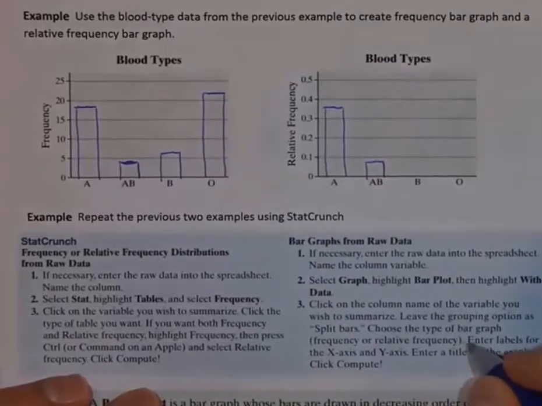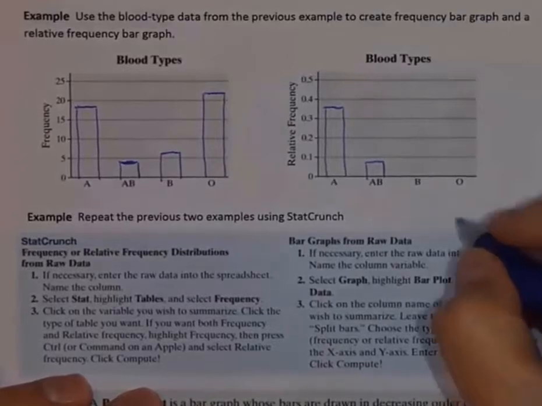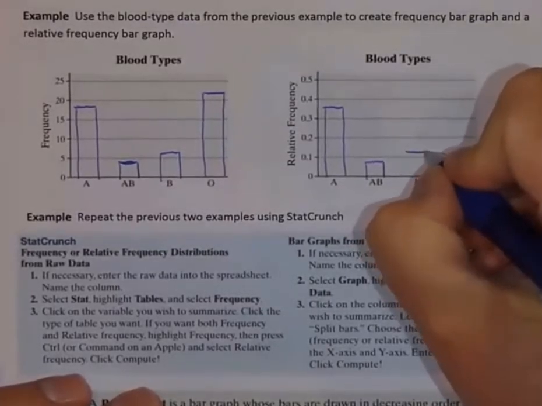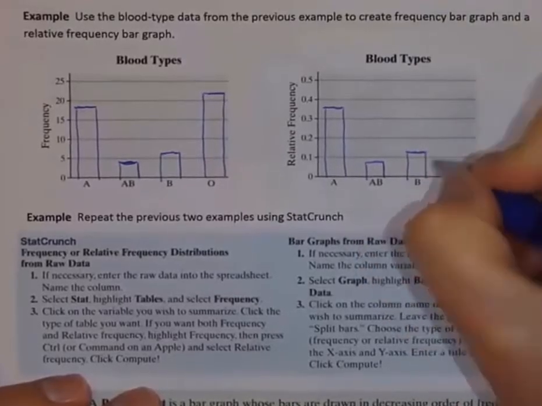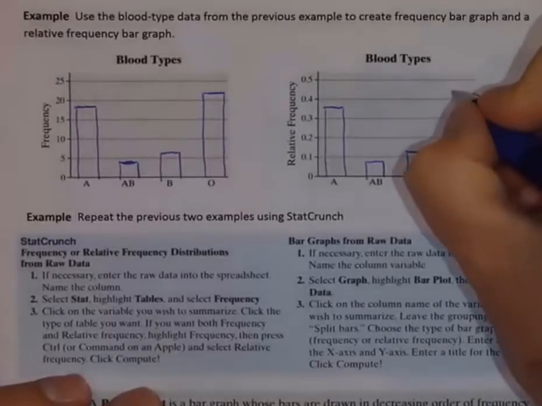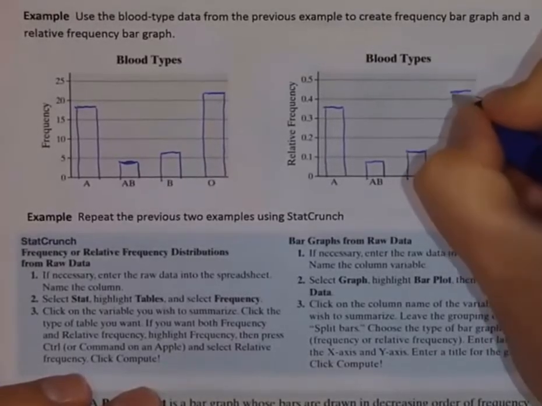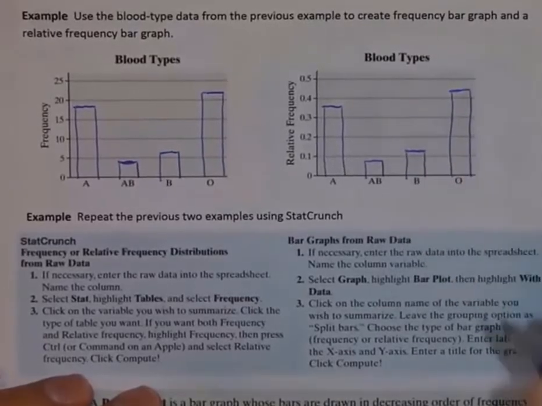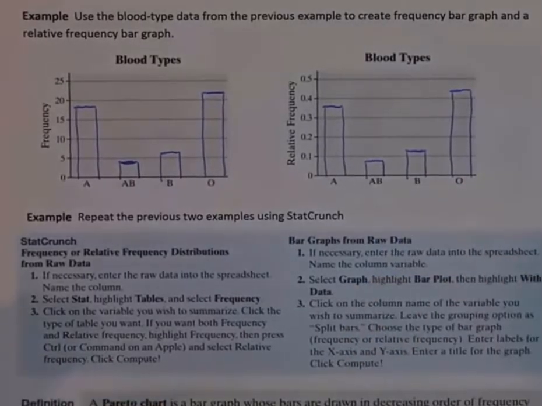So I draw my bar that height. B, the relative frequency was 0.12, which would be around here. So I'm going to draw my bar that height. And O, the relative frequency was 0.44. So that's going to be around in here, and I draw my bar that height. So here I have my relative frequency bar graph.